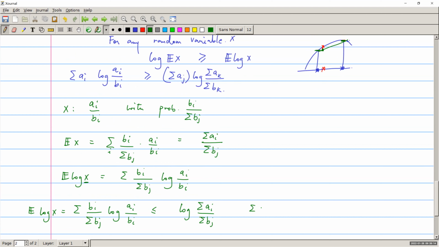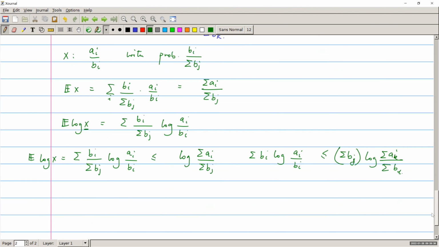It tells us that summation log b_i over, okay, this is not quite what we want, but it's almost there.